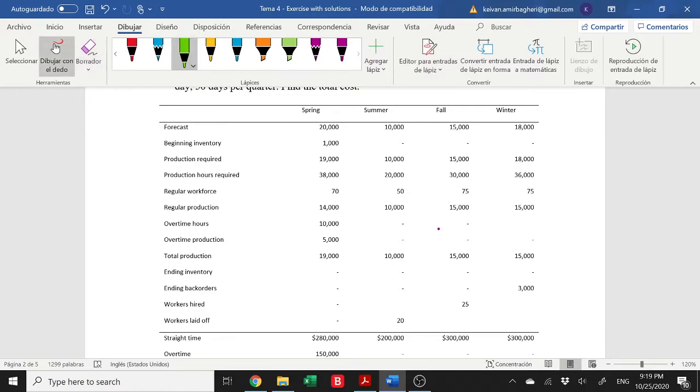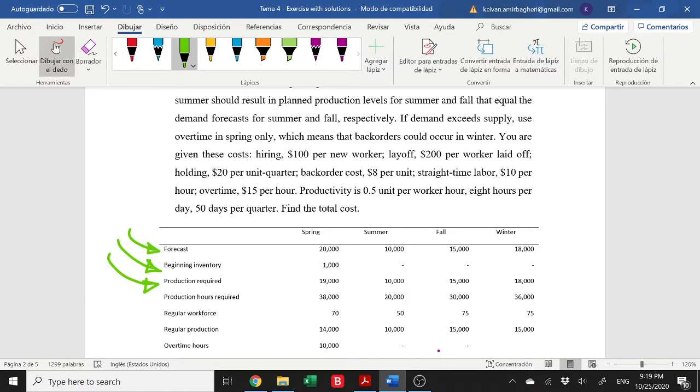To this end, if I have a forecast of 20,000 units and the beginning inventory of 1,000 units, how many units should I produce? Of course, it is 19,000 units. And from the other side, I have in my explanation that productivity is 0.5 units per worker hour.